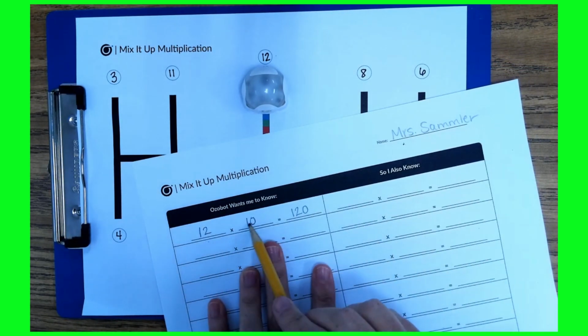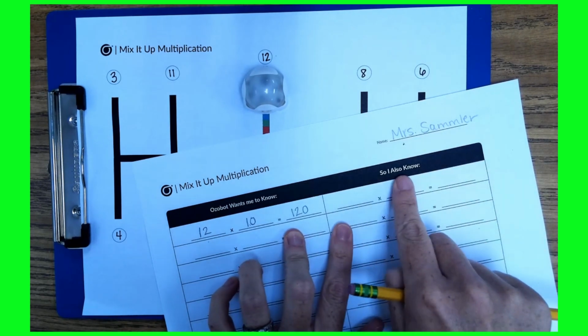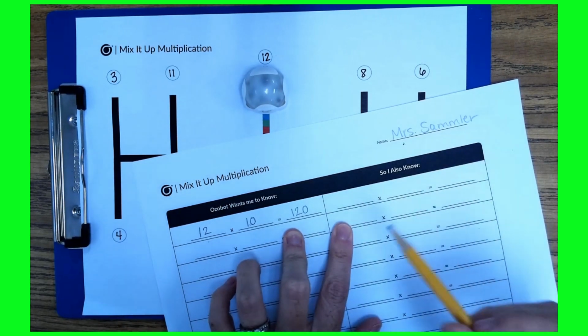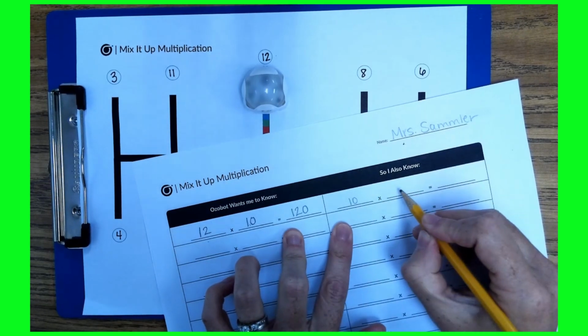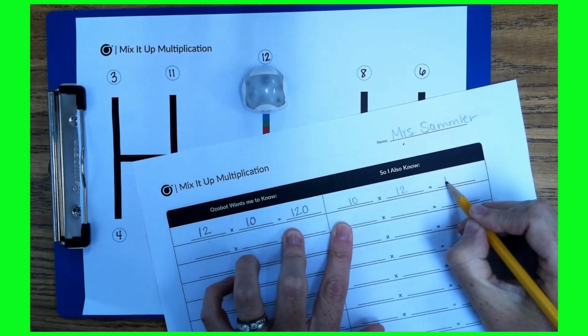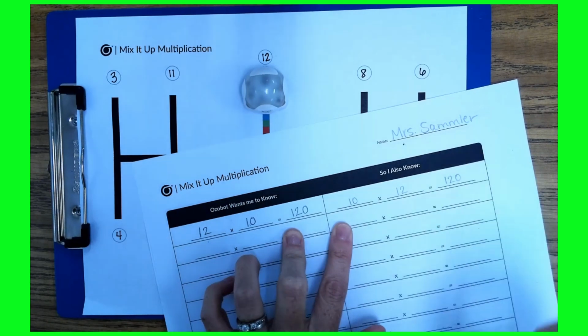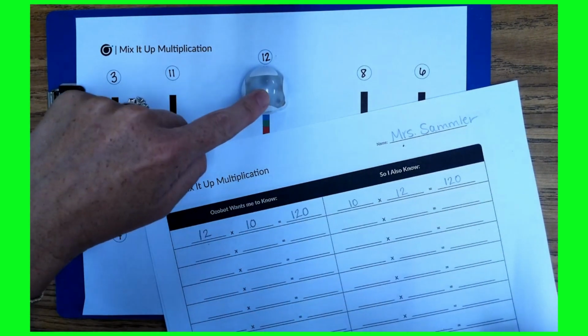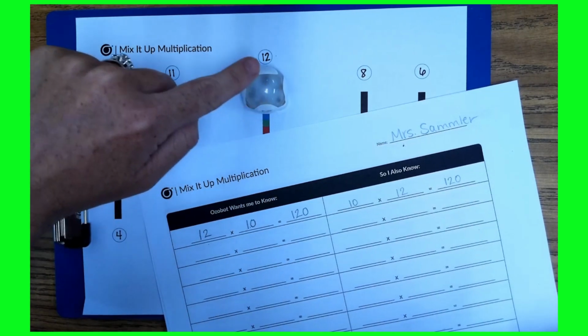Because I know 12 times 10 equals 120, I also know that 10 times 12 equals 120. So really today your Ozobot is simply choosing numbers for you to multiply with.